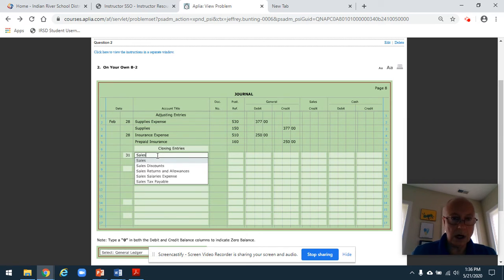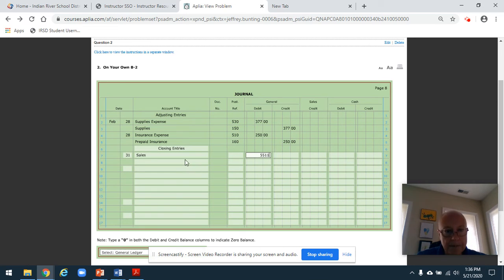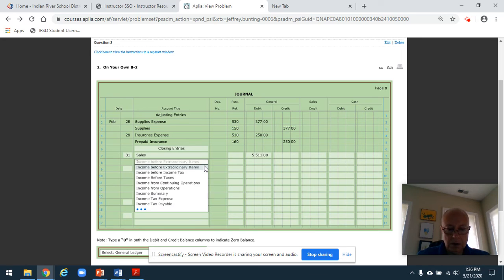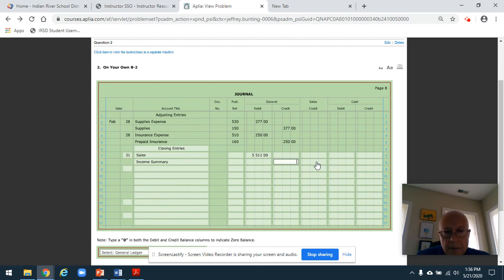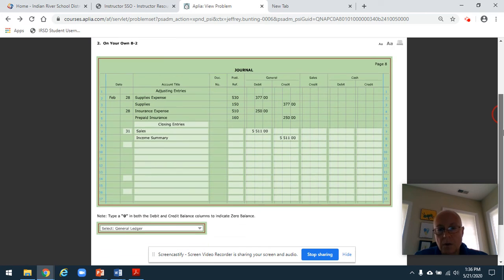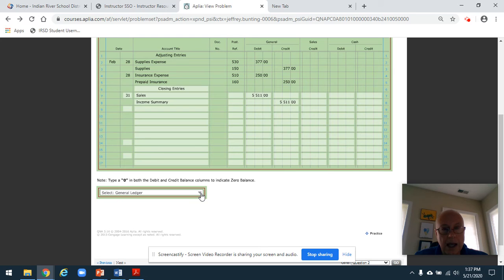So the balance in our revenue account was $5,511. All right. So what we need to then do is plug in income summary here. 5511. All right. So I'm going to scroll down and I'm going to go ahead and make the entries here.